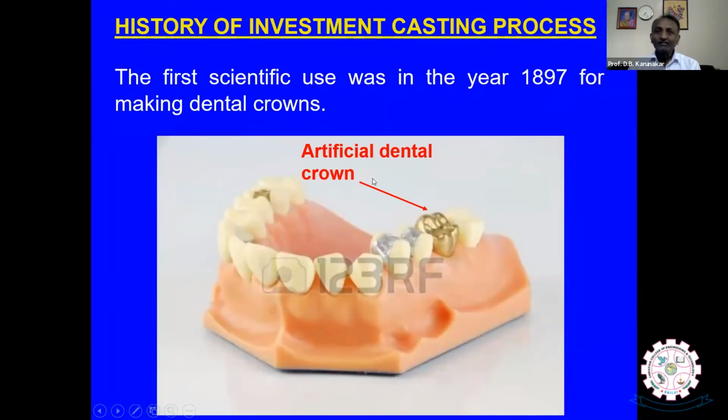In the year 1987, dental crowns were first made by the investment casting process. The dental crown is the external feature that appears to us. Here you can see the natural teeth, and this is the artificial tooth, which is made by investment casting.